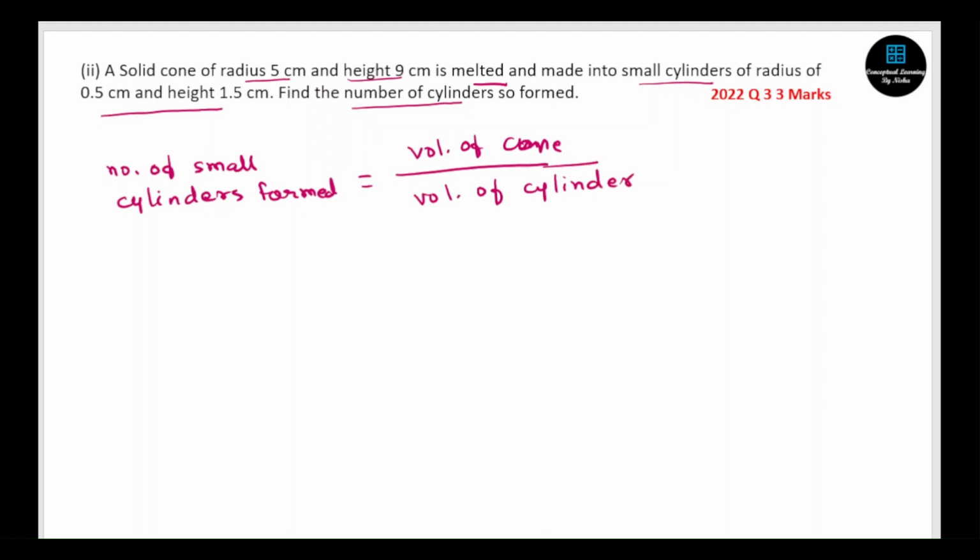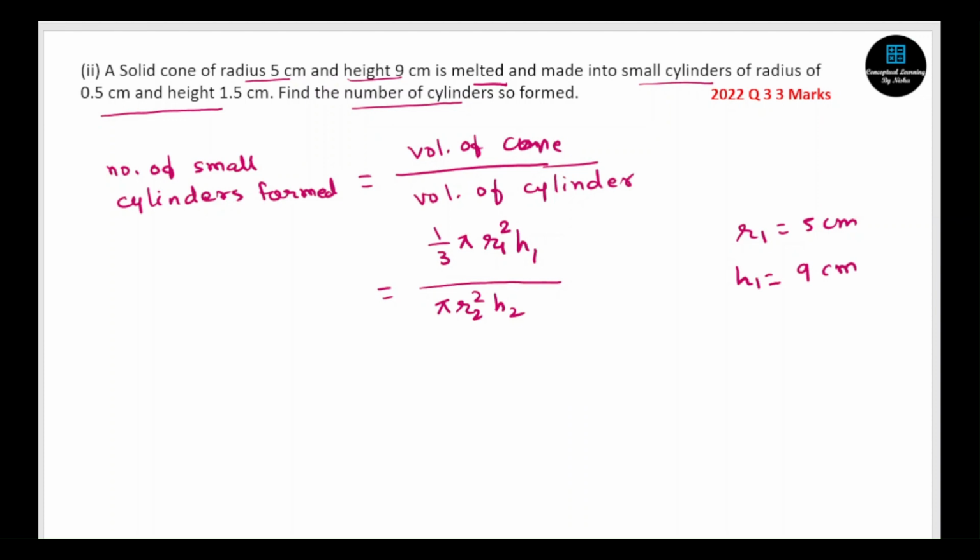Alright, now see, volume of cone is what? 1 upon 3 pi R1 square H1, because the height and radius both are different, and here pi R2 square H2, where R1 equals 5 centimeter, H1 you have to write all those things in the starting itself.